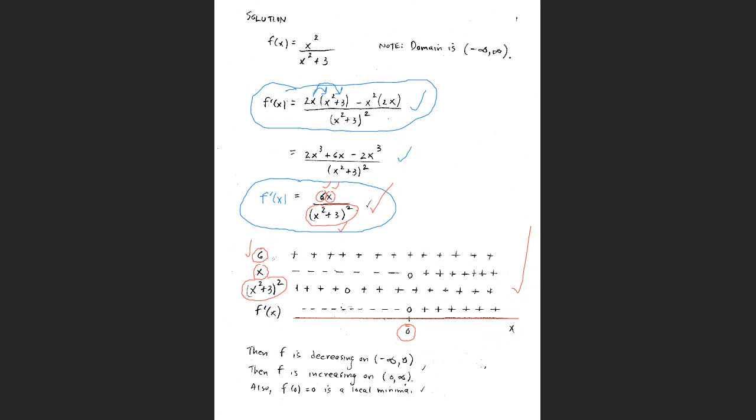X, though, will be positive when x is greater than 0, but x would be negative when x is less than 0. Right? So in my chart, I have minuses and pluses. And of course, x is 0 when x equals 0. X squared plus 3 squared is always positive.